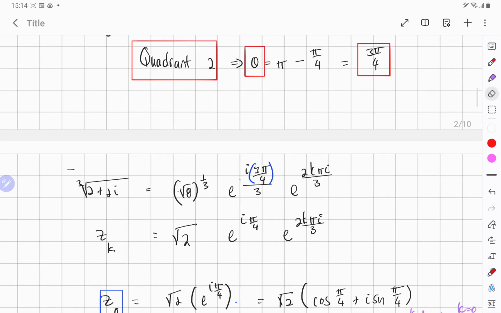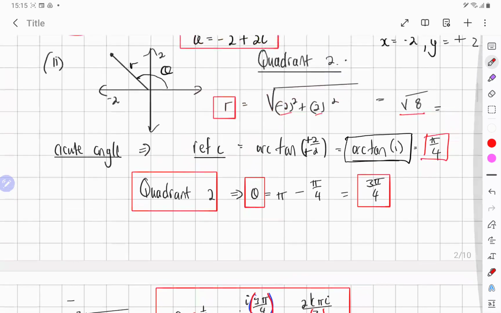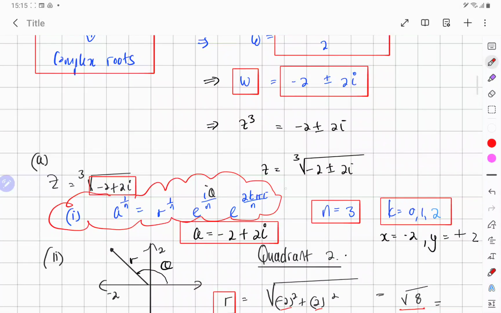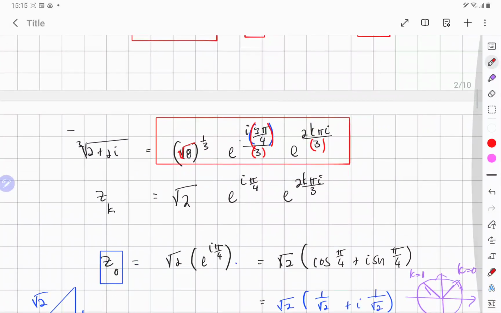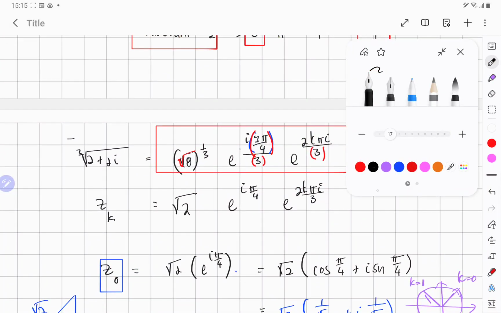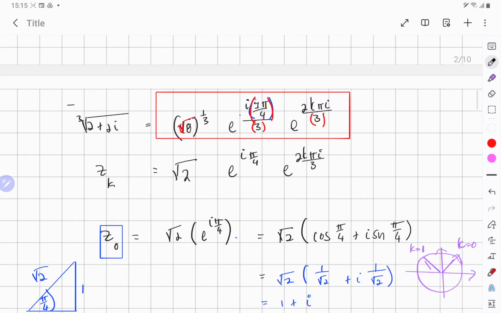So now we are ready to start with our formula for roots. I have my r, which is root 8 to the power of 1 over 3. Here I have my theta, and here I have my n. I've just substituted everything into my very important formula, which you should know by now. Remember in maths, before you start doing examples, it is advisable to first study your theory.